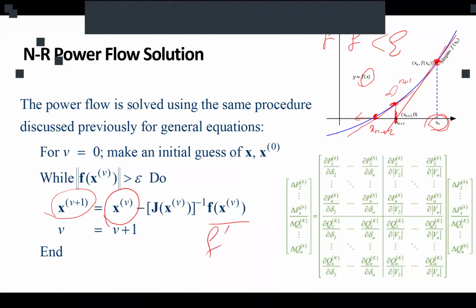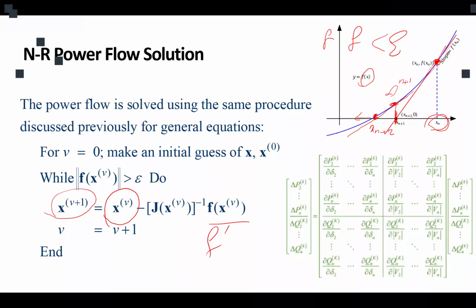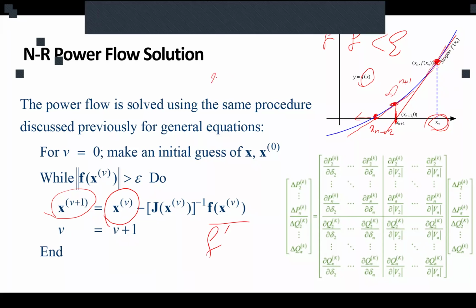Is that clear for how it works? F over f prime is the slope. Use this simple linear function. This f prime is delta f over delta x, correct?